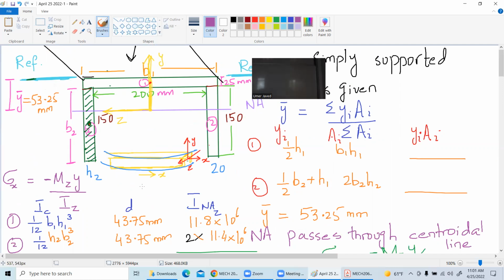Come on. 150 minus 53.7. Okay, he already found. Let me answer his question. What was the value you gave? 150 minus 53.25. Very good. So it's equal to 96.25. Okay.